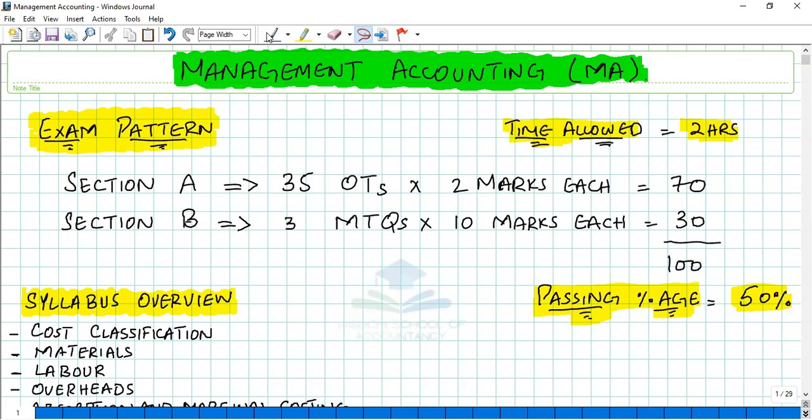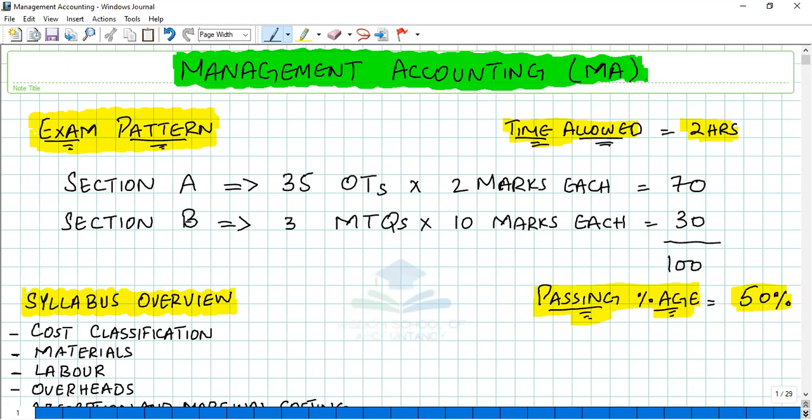Now, first, the management accounting exam was previously known as the F2 exam. Now it's known as MA, and for those students who are doing foundation, this exam is known as Foundation in Management Accounting, FMA. So FMA and MA both mean the same thing.